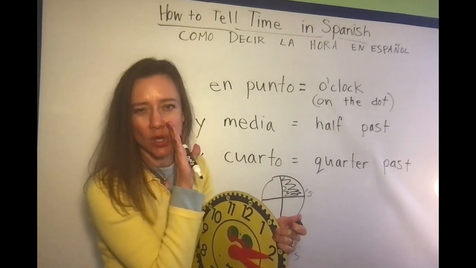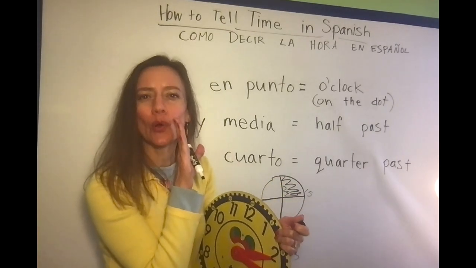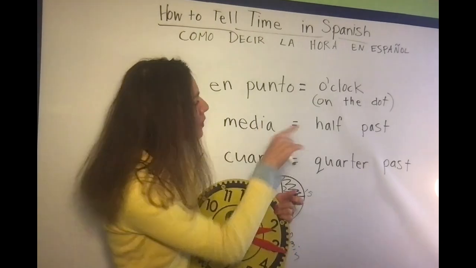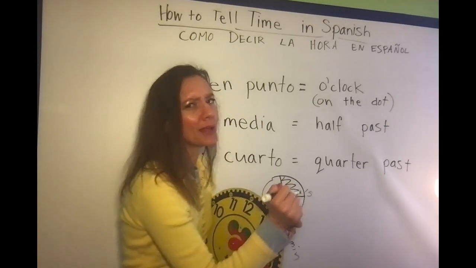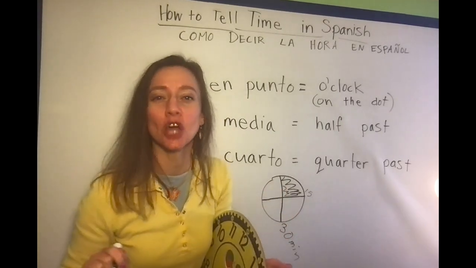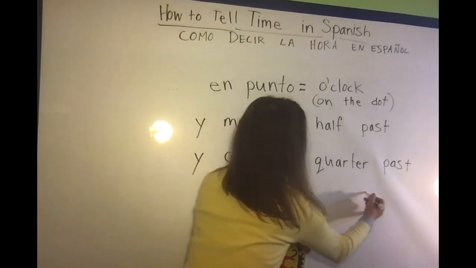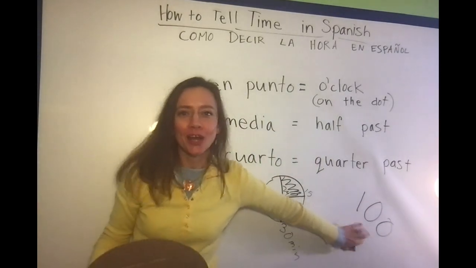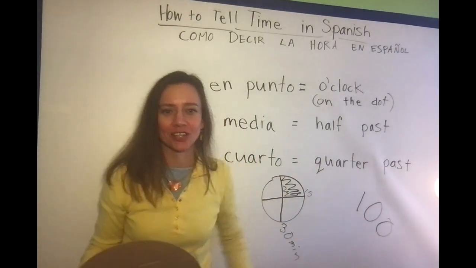Side note, why is a quarter called a quarter when we're talking about money, like United States money? How many pennies are in $1? 100. There are 100 pennies in a dollar.